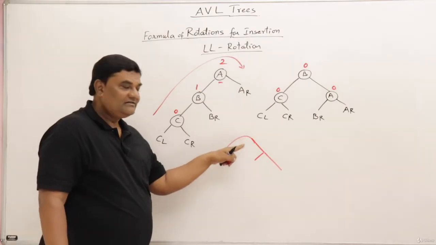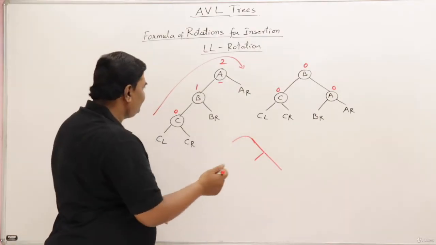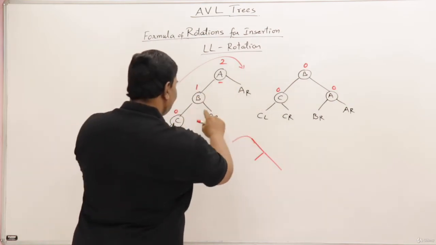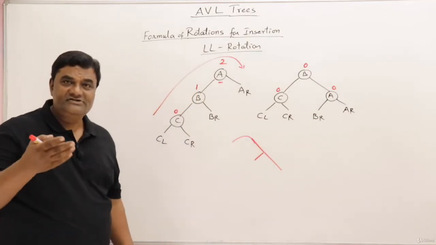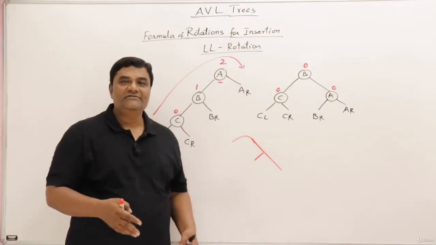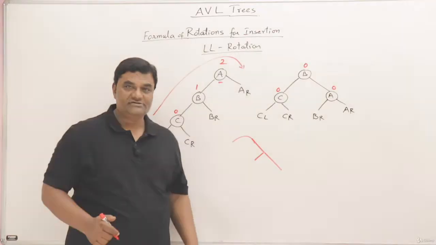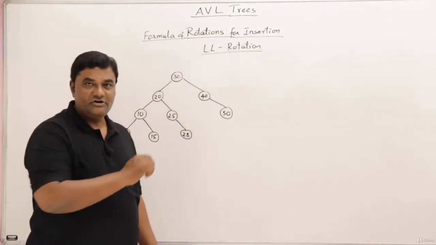So whatever was on this side, it will come on that side. Same thing, this BR was on this side; just like a thread, pull it, and this will come to this side. So the effect is just like rotation. That's why the people who developed this gave it the name rotation, because the effect is just like rotation. Let us look at an example of LL rotation and apply that formula.